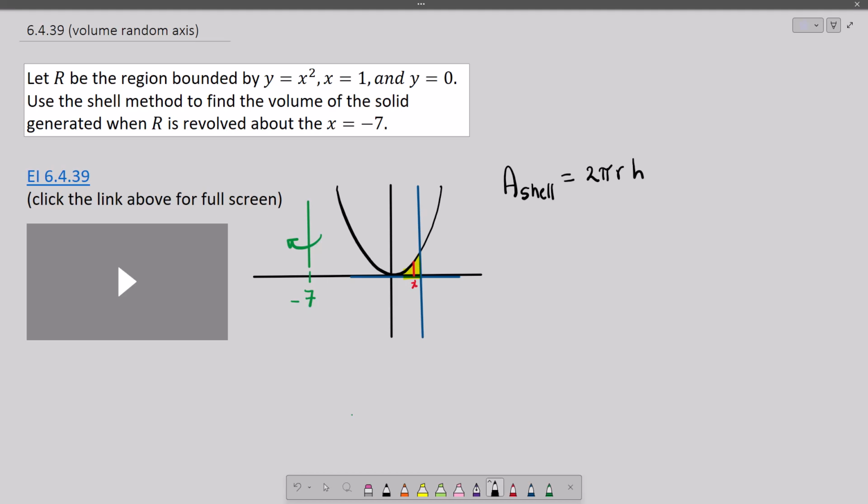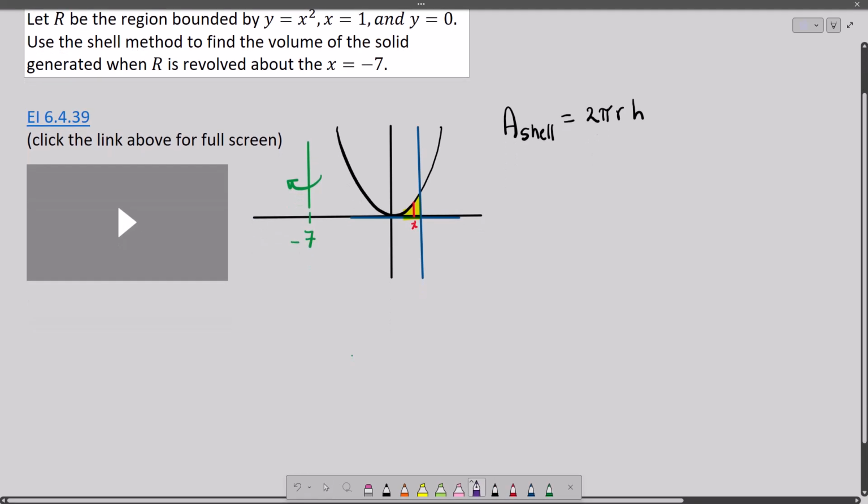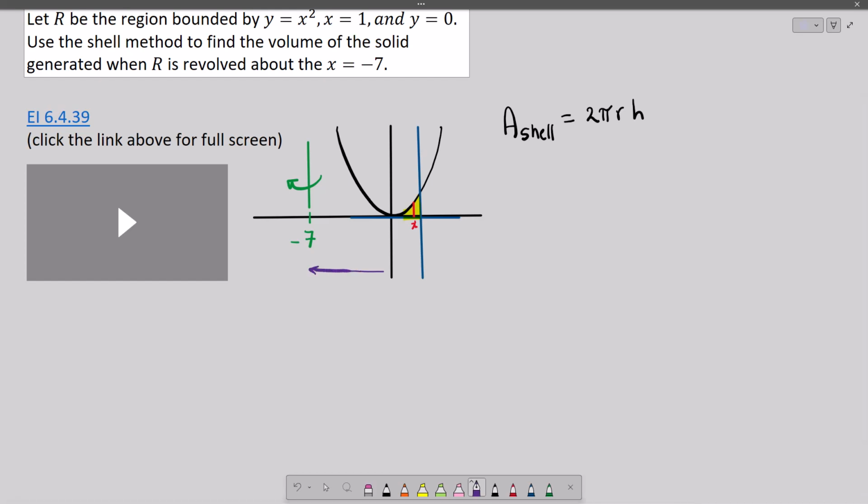What is r? 7 plus x. Everyone see that? If you are looking at this, you can think of it geometrically. This distance from there to there is 7. And this distance from here to right there, at that x, is x.